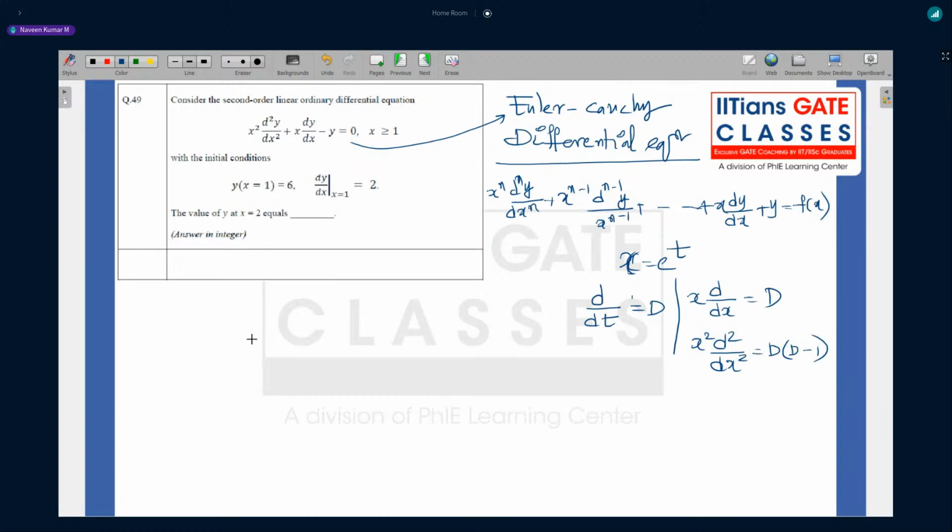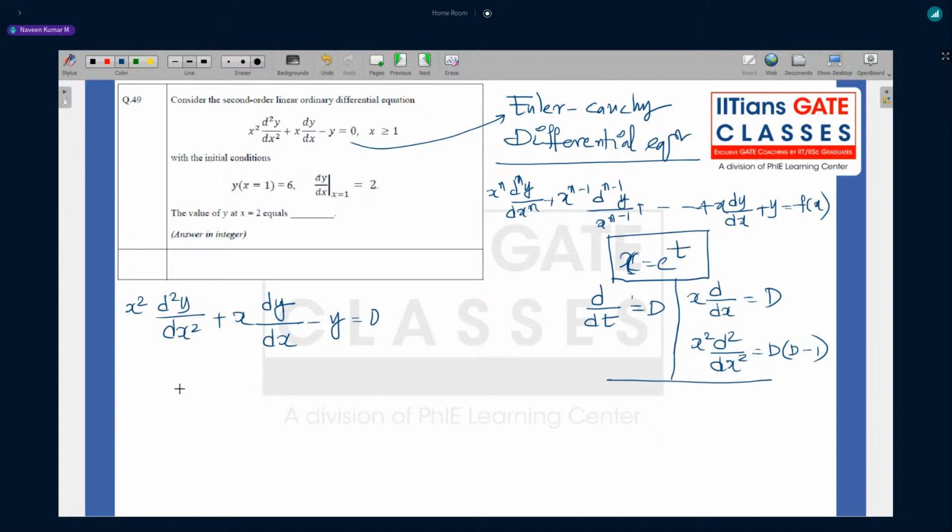So just convert this equation. How do you convert it? We have x square d square y by dx square plus x into dy by dx minus y is equal to 0. This is very important, don't forget this. This is where people make mistakes, right? We have derived all these things in our class, if you remember.